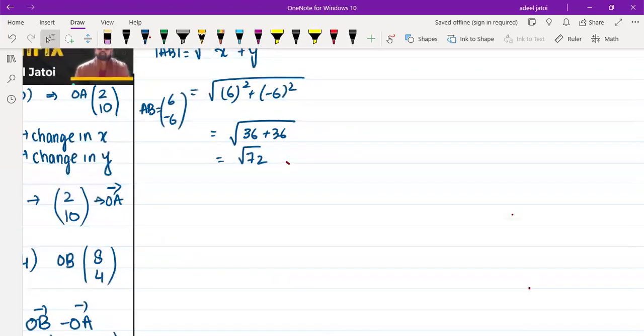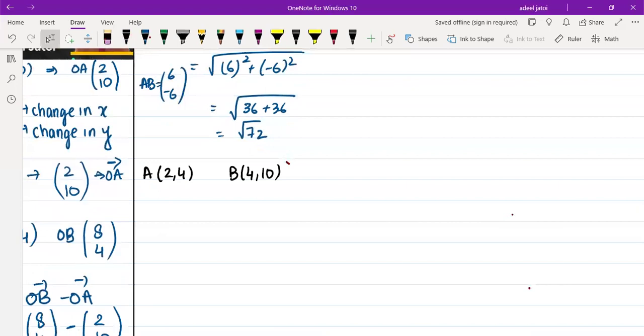Let's just work upon a random example. The question can be 2, 4, 4 and 10. And I've been told directly to find the AB magnitude. Now, this is your question. You have been given coordinate A, you have been given coordinate B, and you have been told to find out what?